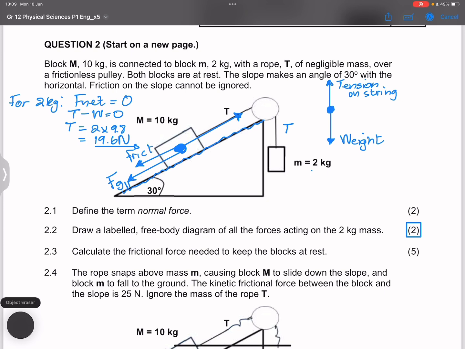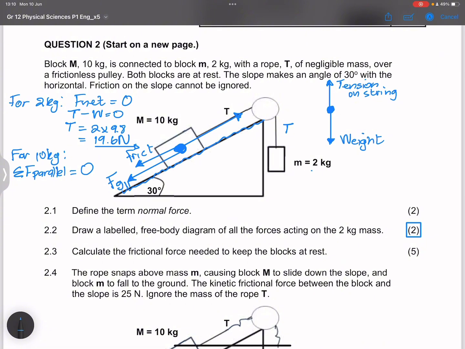I know that I'm going to have, this is now for the 10 kg mass, I'm going to have the tension. We know the sum of the forces that are parallel will be equal to 0 as well.